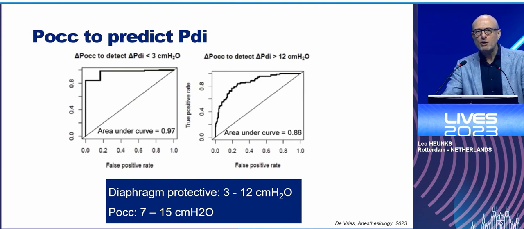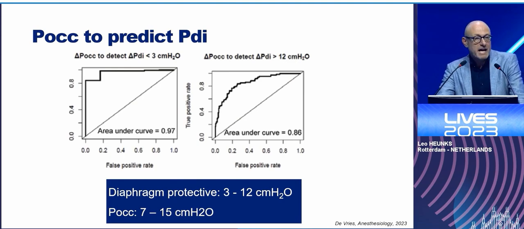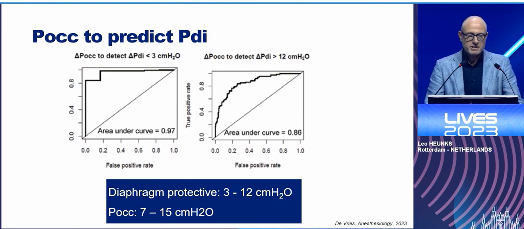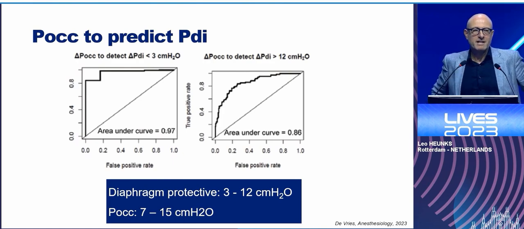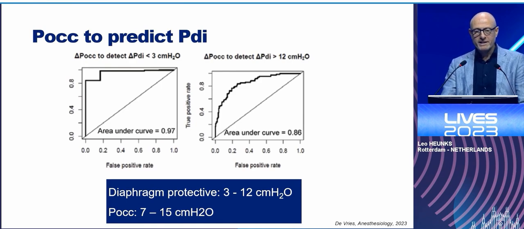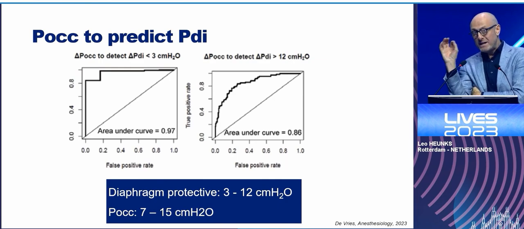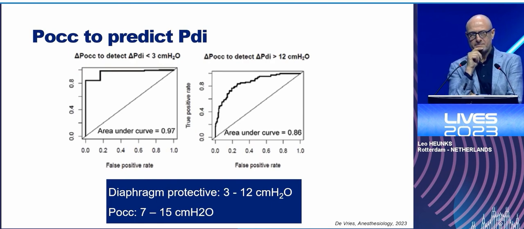So how does P-OC perform in predicting the effort generated by the diaphragm? Well, as you can see here in the ROC curve, it's very good in identifying patients with low breathing effort, and also in identifying patients with high breathing effort, at least better than the P.1.